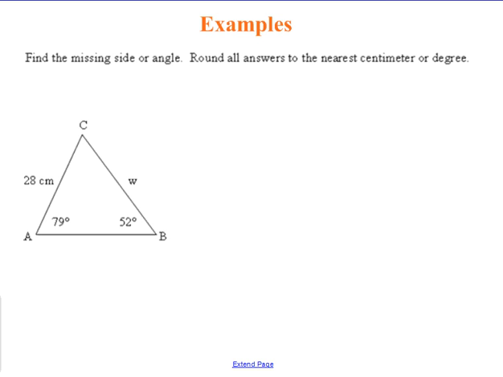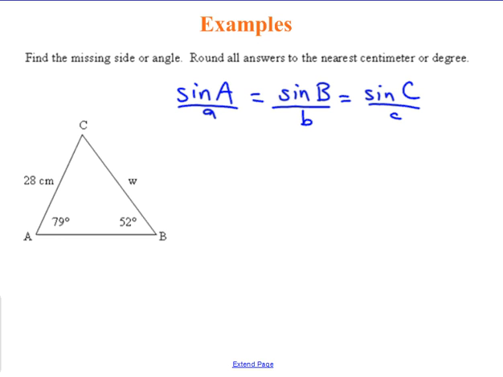So if we take a look at the law of sines, we have sine of angle A over side A is equal to the sine of angle B over side B is equal to the sine of angle C over side C. And I told you we only choose 2 out of 3 of these. Well, we know angle A is 79. We are trying to find side A, so we definitely need to use that. And we know angle B and we know side B, so we're definitely going to use that.